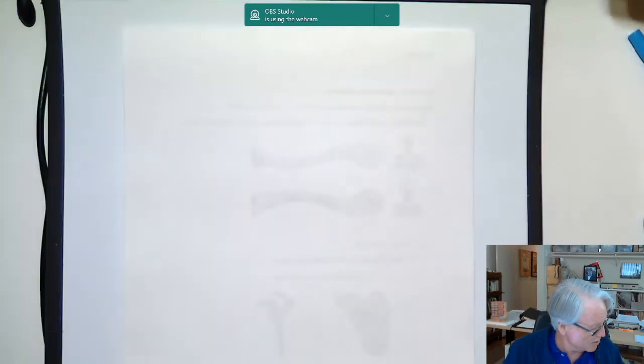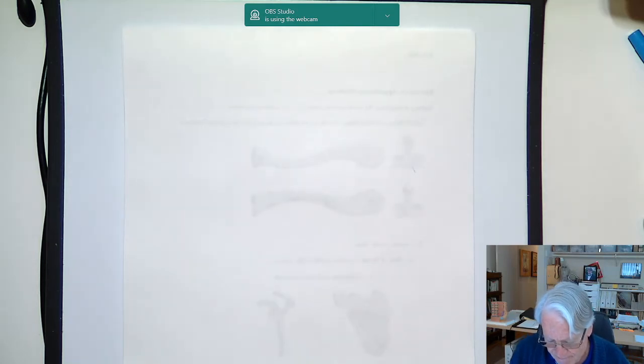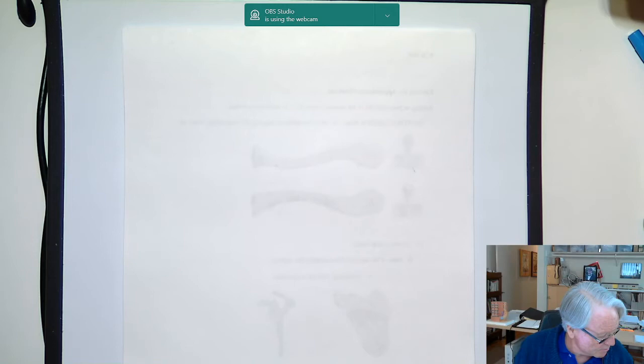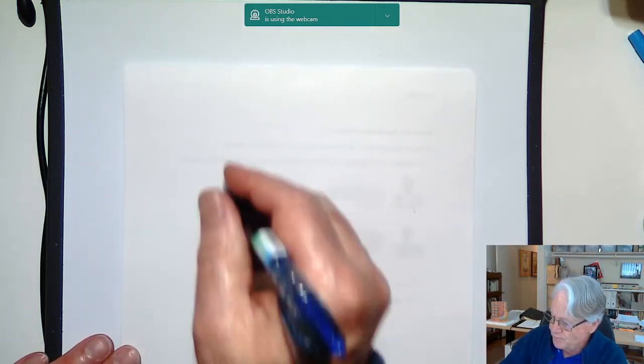And it might help you to keep yourself organized in your head with all of these different types of connective tissues. So let's begin, and we're going to start with embryonic connective tissue.